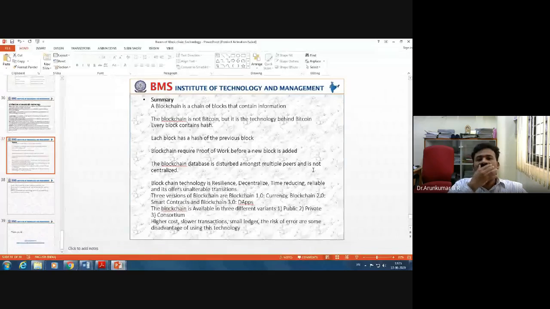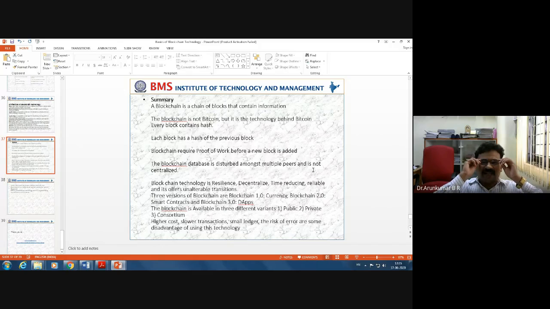At the end, we'll summarize the entire thing, whatever we studied since morning. A blockchain is a chain of blocks that contains information. The blockchain is not Bitcoin, but it is the technology behind Bitcoin.